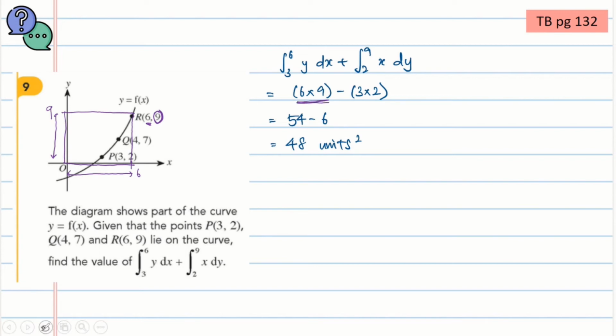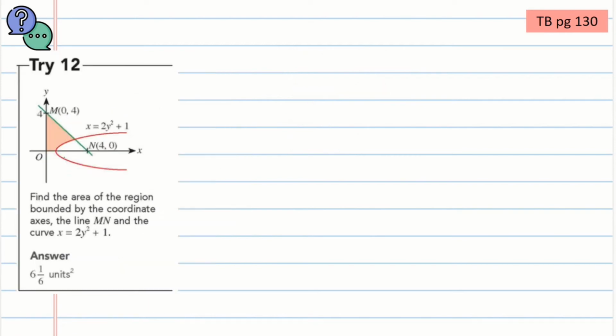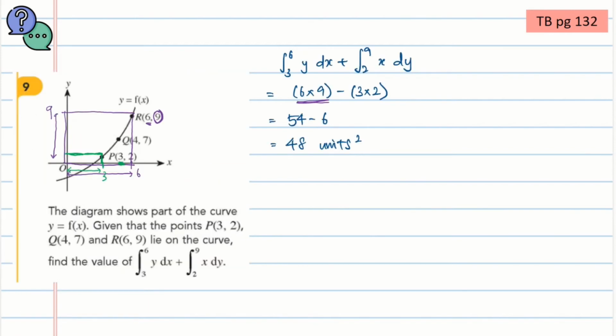Then we want to minus away the area of the smaller rectangle, which is here. And this length here will be based off the x-coordinate of p, which is 3. And then, I'm sorry, the y-coordinate will be based off the y-coordinate of p, which is 2.